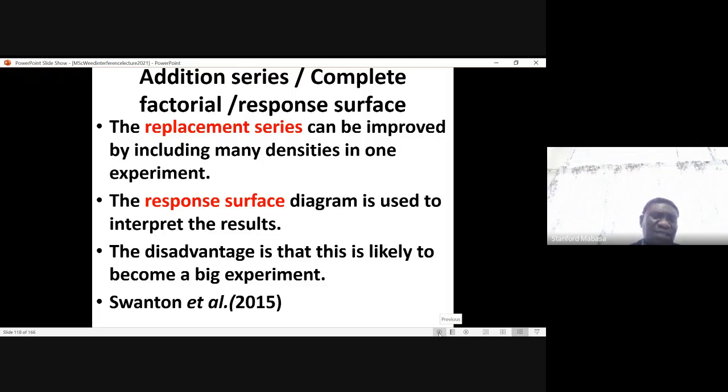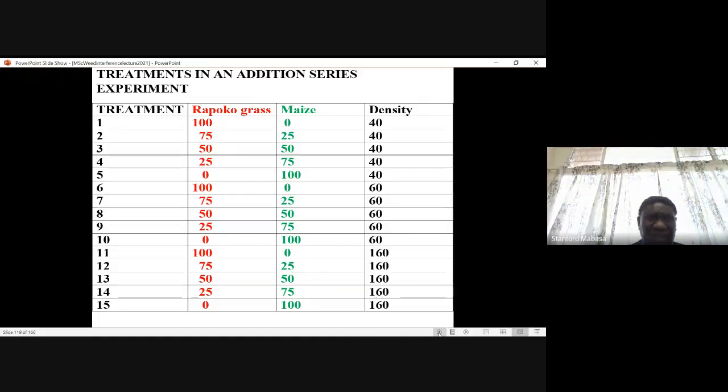Later on, you will see the details about this paper. So I want to focus on the type of treatments which are used in the addition series experiment.